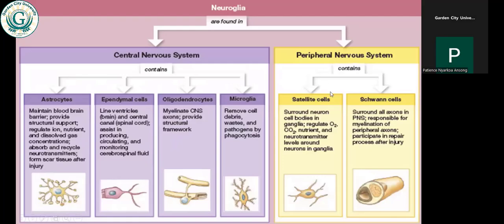Then the peripheral nervous system also has two types of neuroglia cells, that is the satellite cells and then the Schwann cells. These two are also performing their own unique functions to support the neurons within the peripheral nervous system.